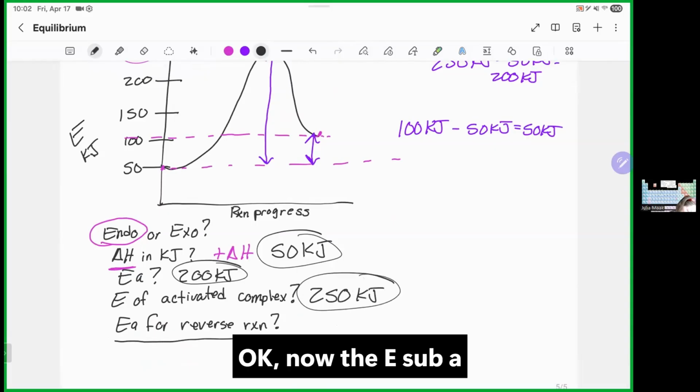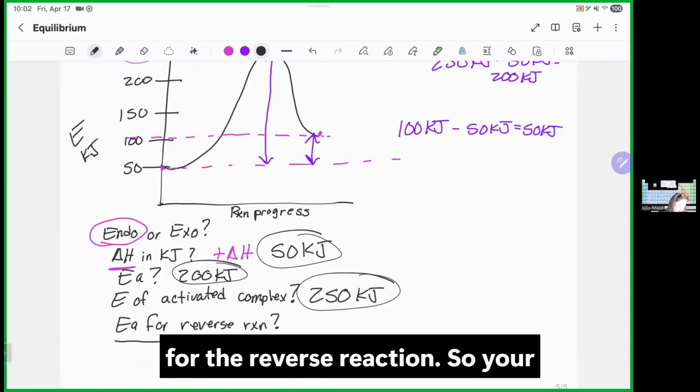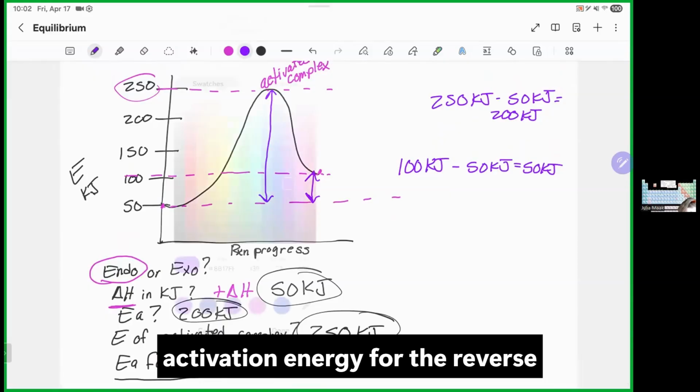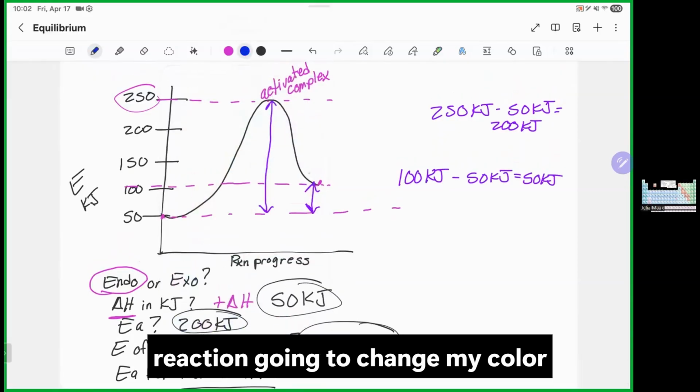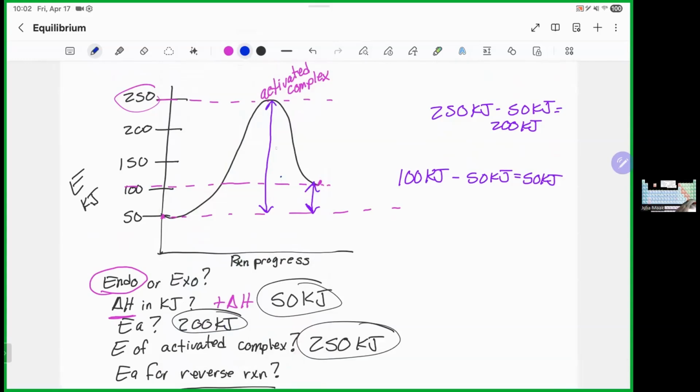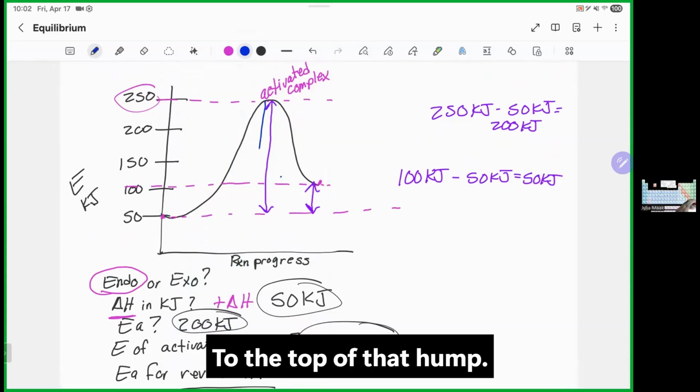Okay, now the E sub A for the reverse reaction. So your activation energy for the reverse reaction, going to change my color, is from the end to the top of that hump.